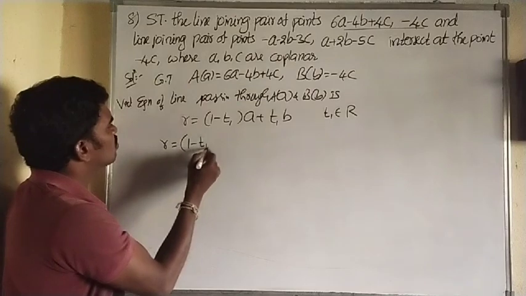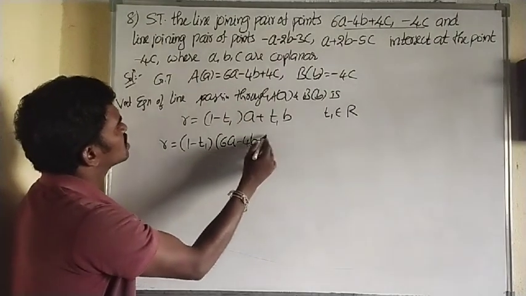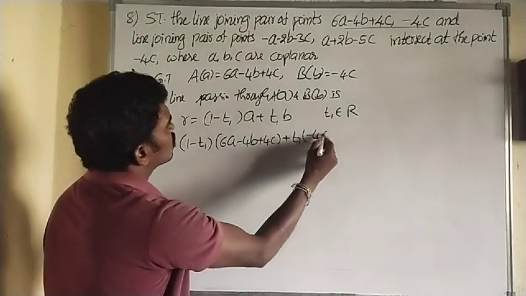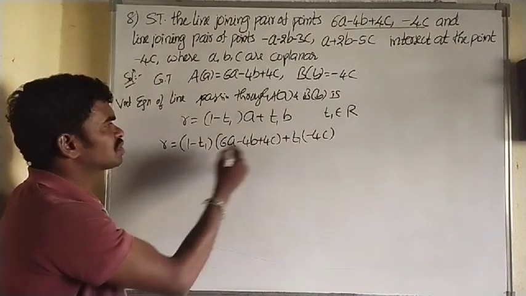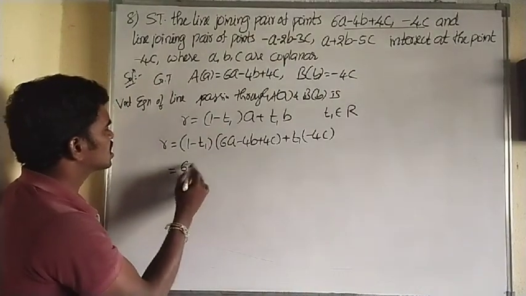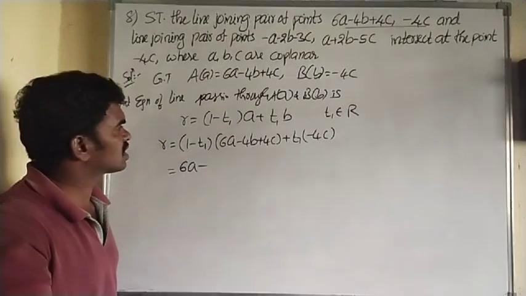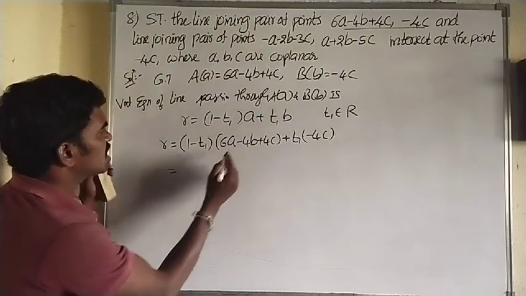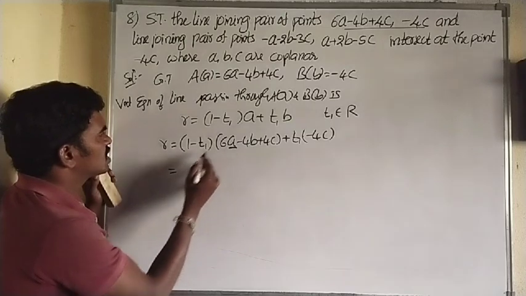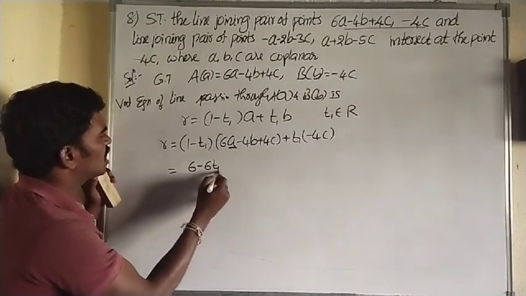So substitute in that and simplify. 1 minus t1 into a means 6a minus 4b plus 4c, plus t1 into b, and b means minus 4c. Okay. So what is the a coefficient, the b coefficient, the c coefficient? Simplify. Here the a coefficient is 6 into 1 minus t1, so we get 6 minus 6t1 into a.